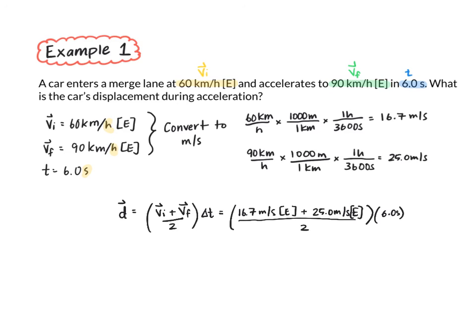Our average velocity here, this 16.7 plus 25 divided by 2, actually equals 20.83 meters per second east. So that's the average velocity during our acceleration. Multiply that by 6 seconds, and we get an answer of 125 meters.